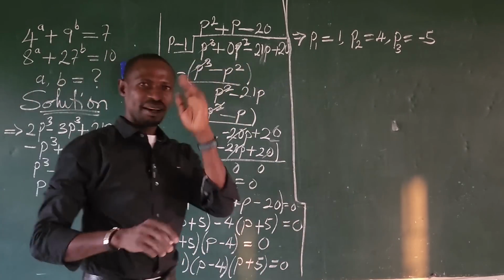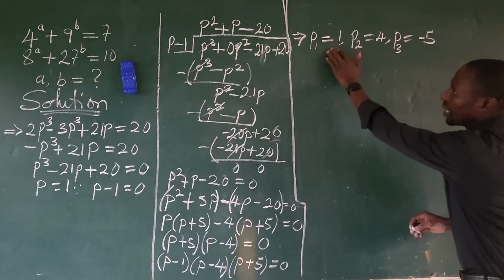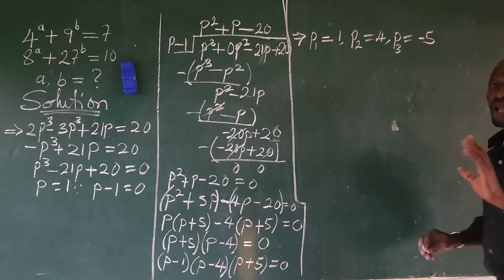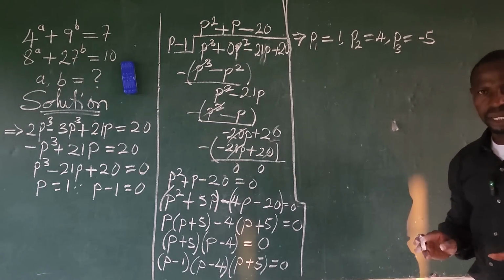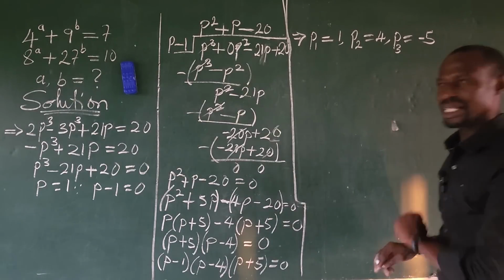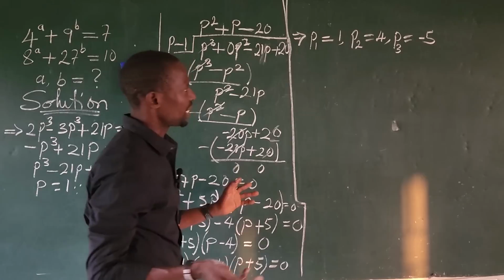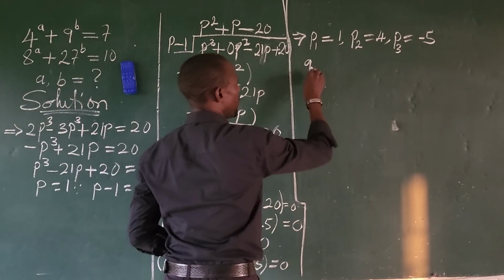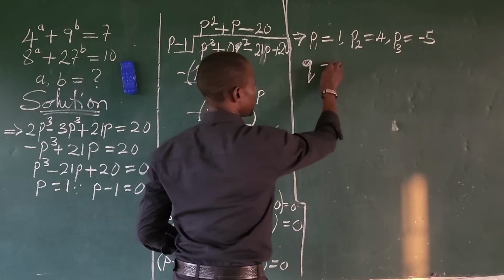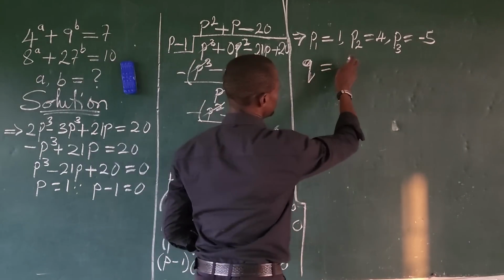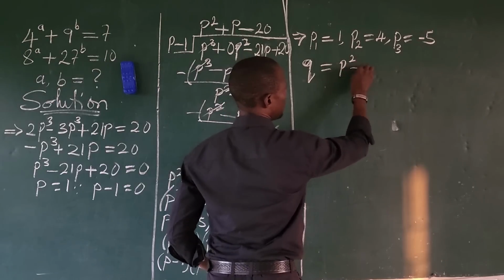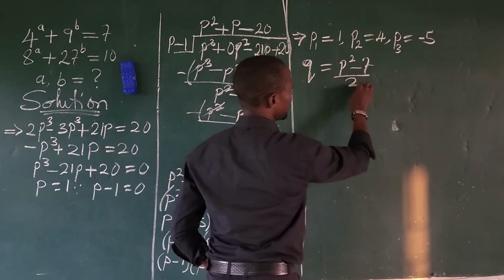Easy. Okay. Now that we've gotten our P, we have to get our Q. Remember from where we made that substitution, we made Q the subject of the formula, so Q is equal to P squared minus 7 all over 2.